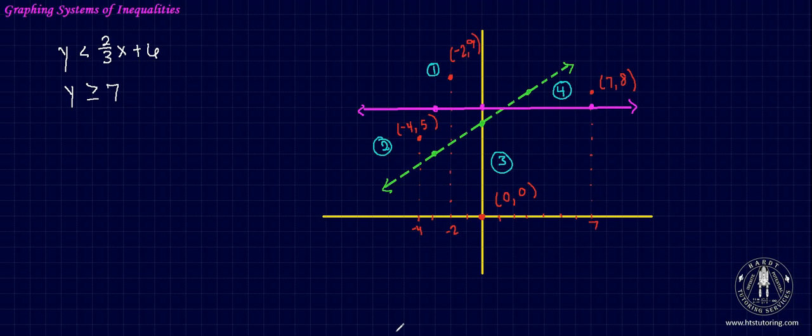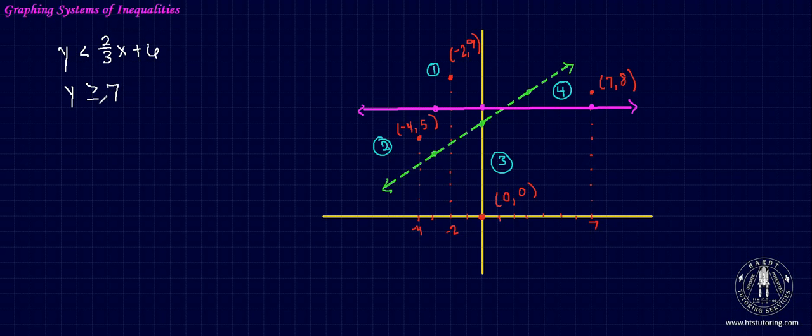Before we start plugging in these points, let's think about this logically. We have y is greater than or equal to 7. So whatever point we pick, in order to make both of these inequalities true, or at least to make this inequality true, y has to be at least 7.